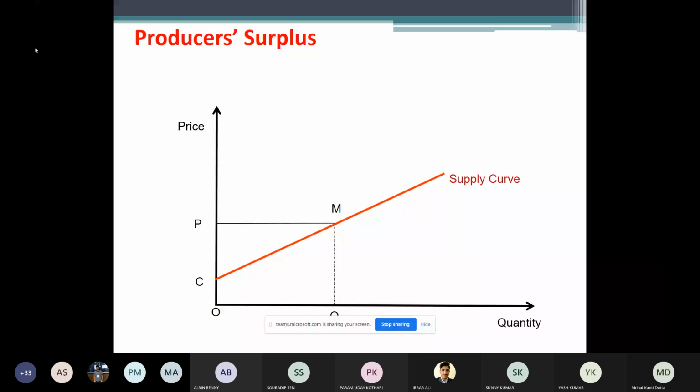So the revenue that he is getting is actually equivalent to the area of the rectangle OPMQ.